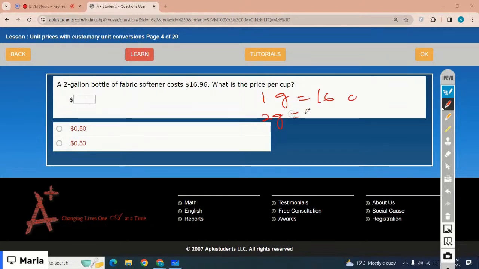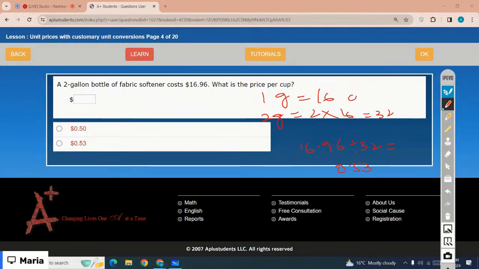So 2 gallons equal 2 times 16, that is 32 cups, right? So you can divide 16.96 by 32. The correct option is $0.53. Option number 2 is the correct option.